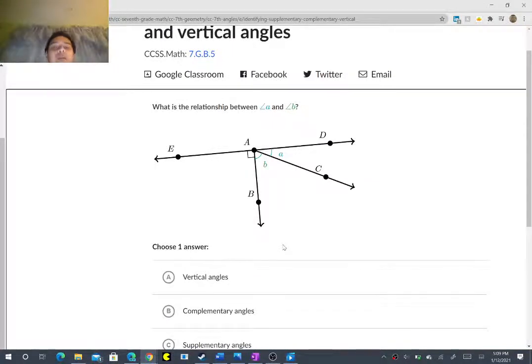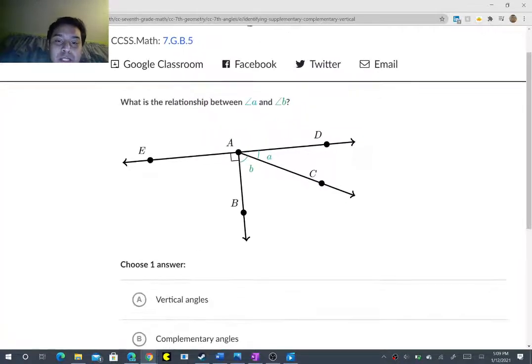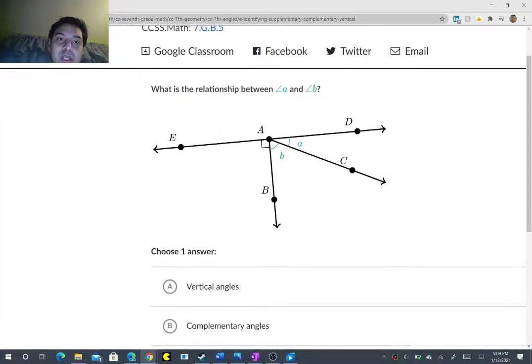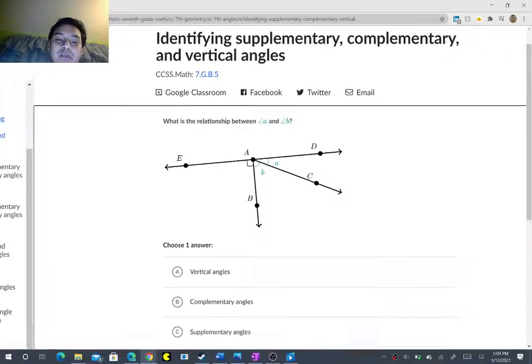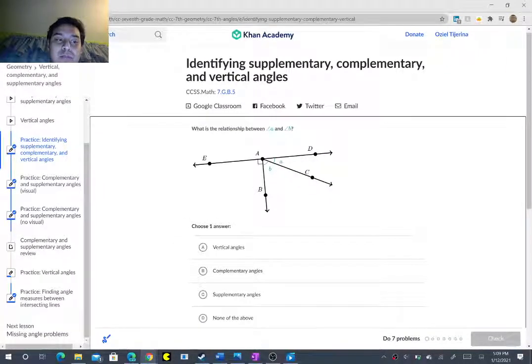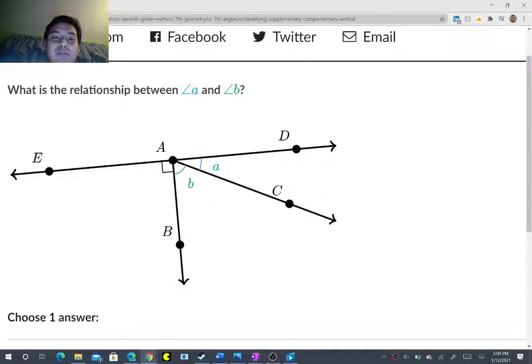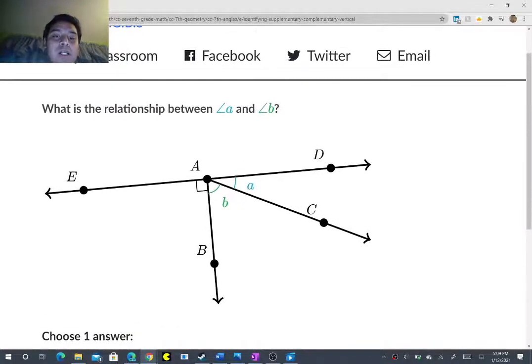If we look over here, we have these questions asking what is the relationship between A and B. We first want to know exactly what complementary, supplementary, and vertical angles are.